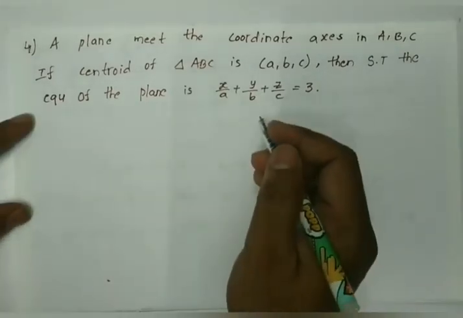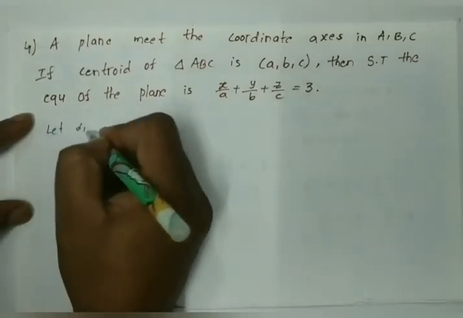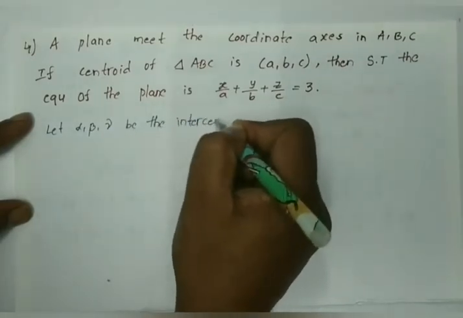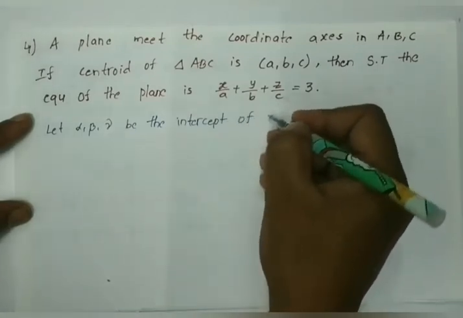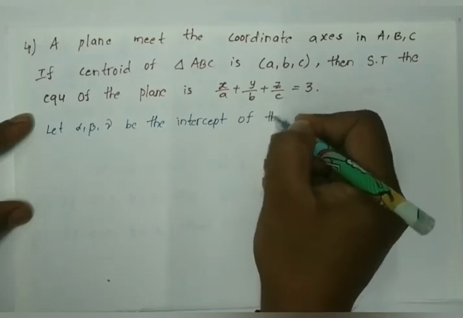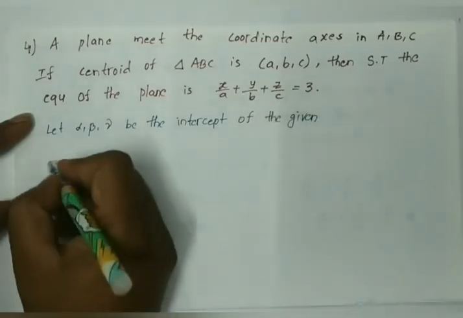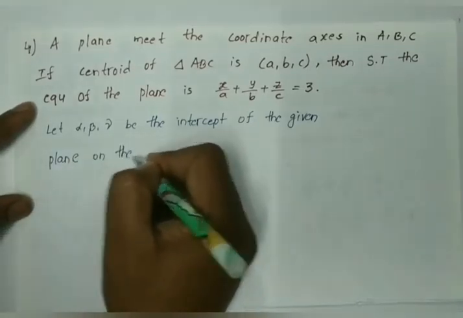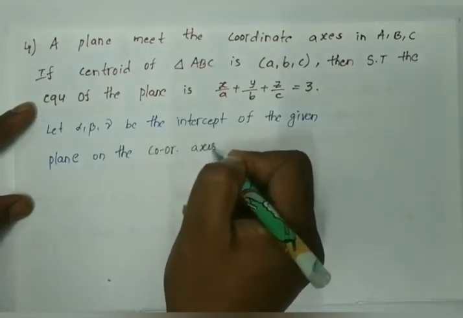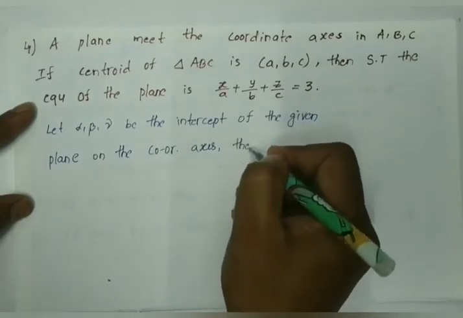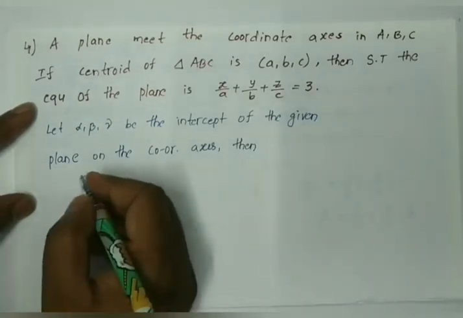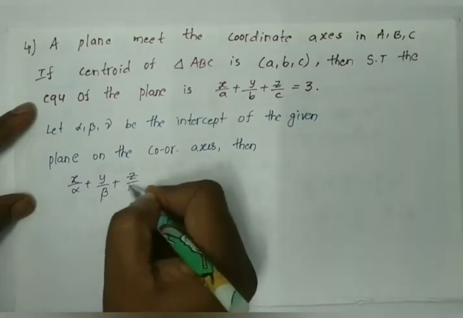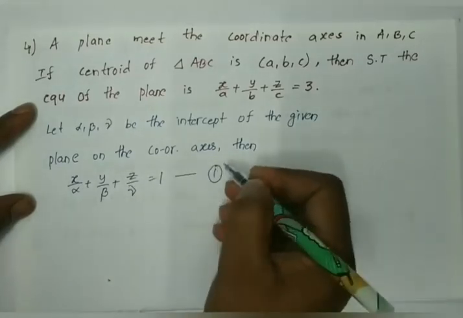First let us consider alpha, beta, gamma be the intercepts of the given plane on the coordinate axes. Then the equation of the plane in intercept form is x by alpha plus y by beta plus z by gamma is equal to 1. Let us name this equation as 1.